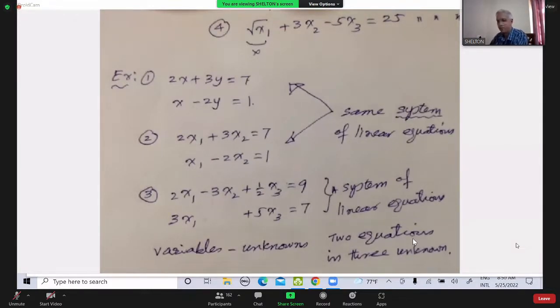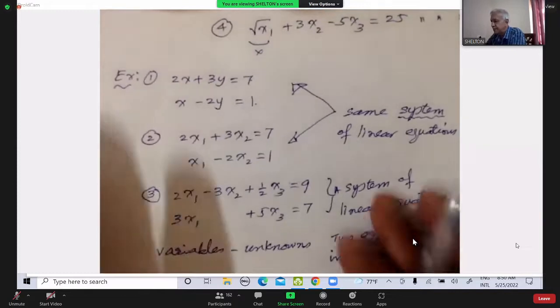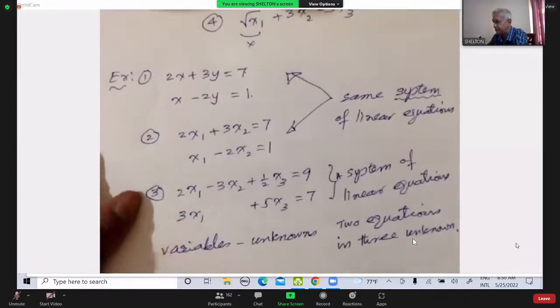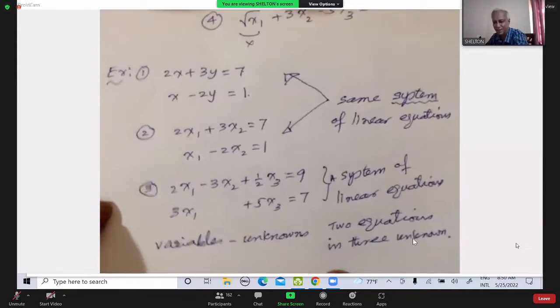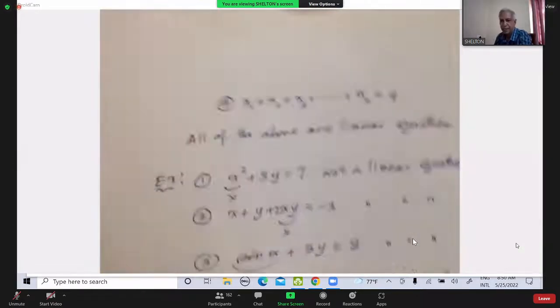Now we haven't done anything, just setting the stage for the study of systems of linear equations. Just understand the terms that are used. It's like an English lesson again. Okay, so far? Please use the chat if you are afraid to unmute and ask me anything.